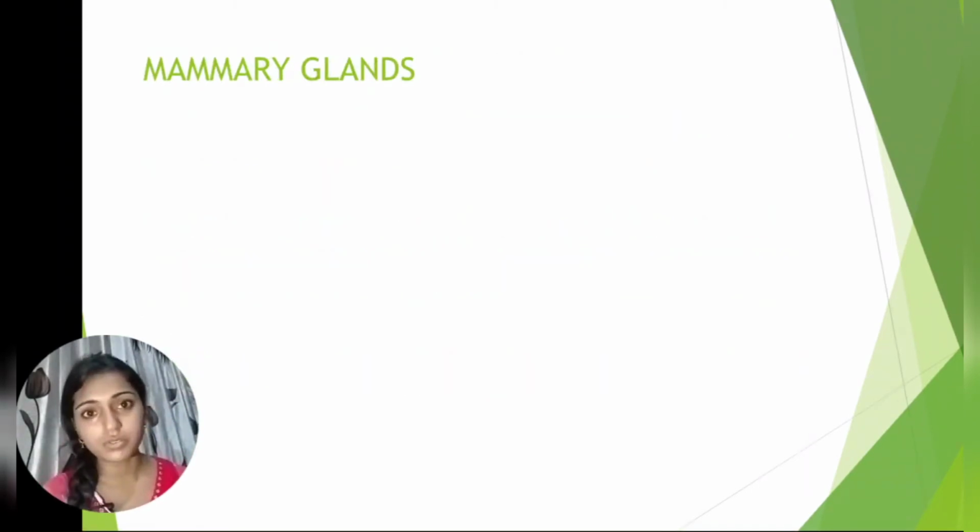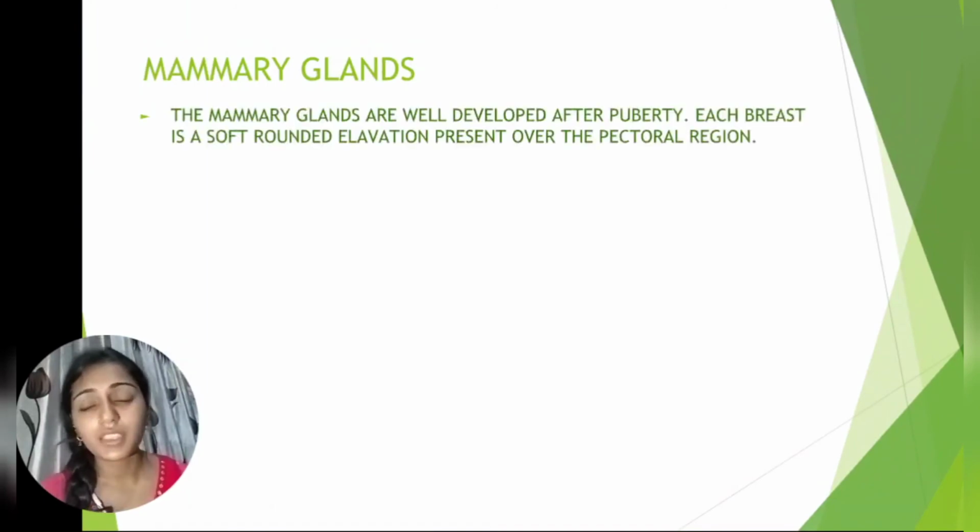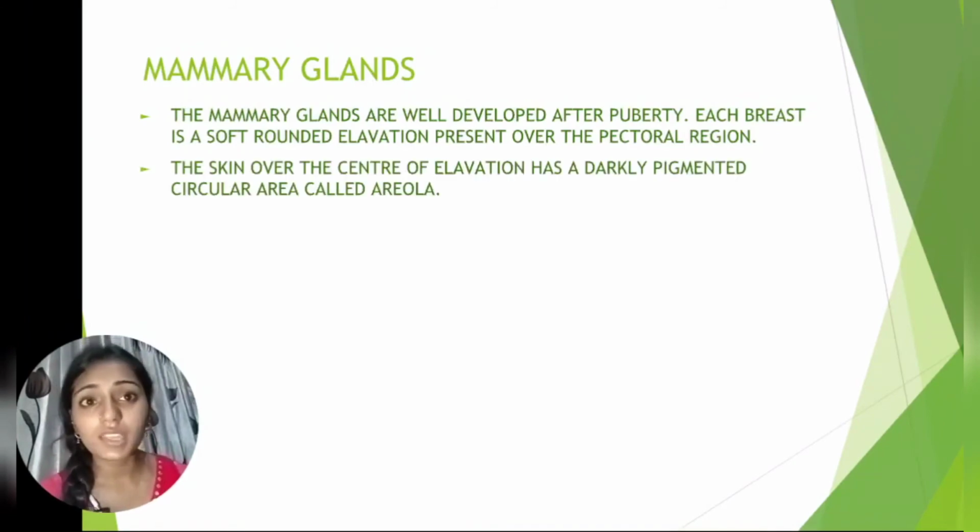Now comes the mammary gland. The mammary glands are well developed after puberty. Each breast is a soft, rounded elevation present over the pectoral region. The skin over the center of the elevation has a darkly pigmented circular area called the areola.